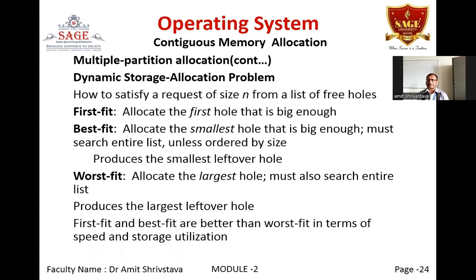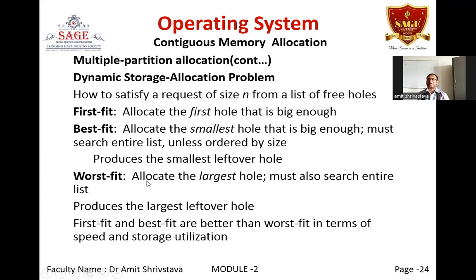But which hole will we allocate? The smallest hole which can accommodate the process. So in this case, the 15 KB process will be allocated the hole of size 20 KB, because this is the smallest hole which is large enough to hold that process. So for this particular best fit algorithm, I will require to search the complete list of holes, right? It produces the smallest leftover hole.